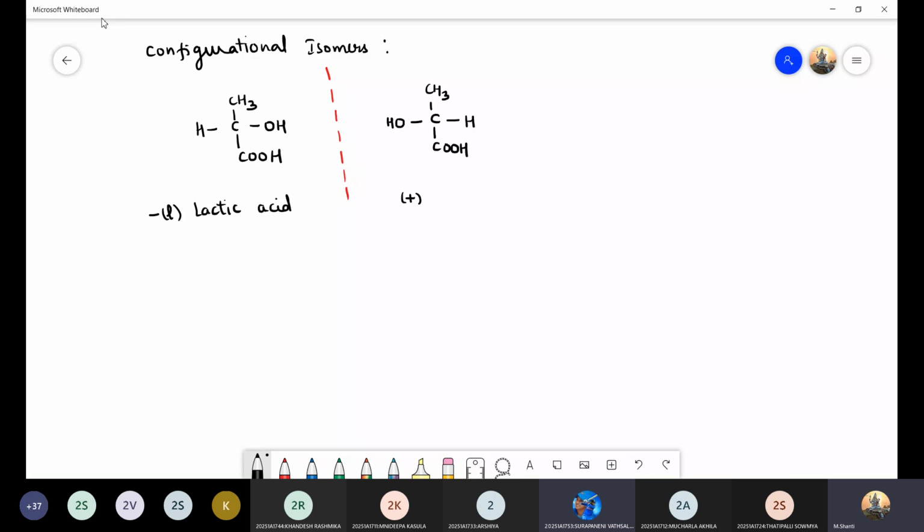Yeah, mirror image, very good. Is it a mirror image? Yes, ma'am. Are they superimposable or non-superimposable?